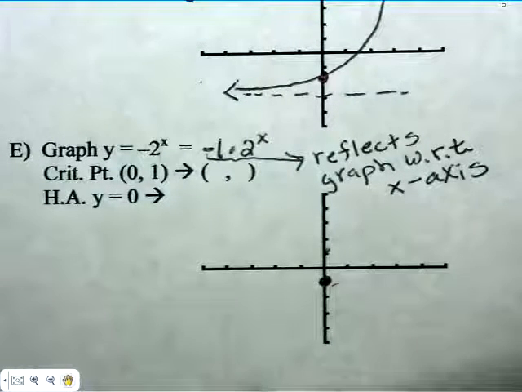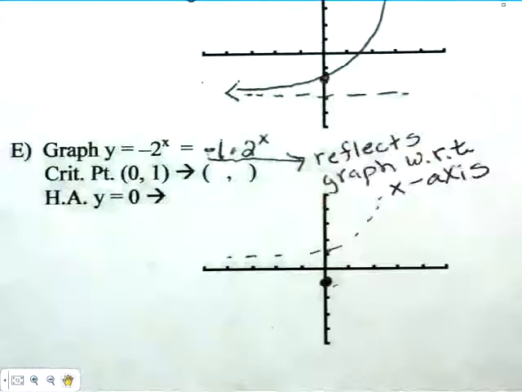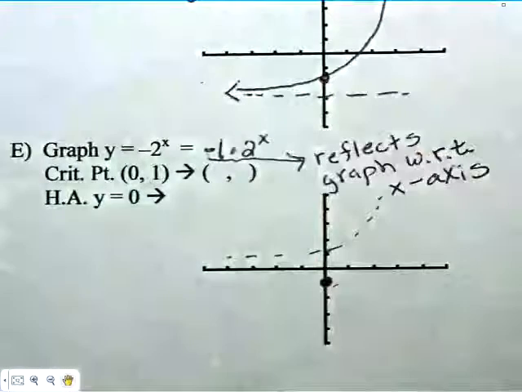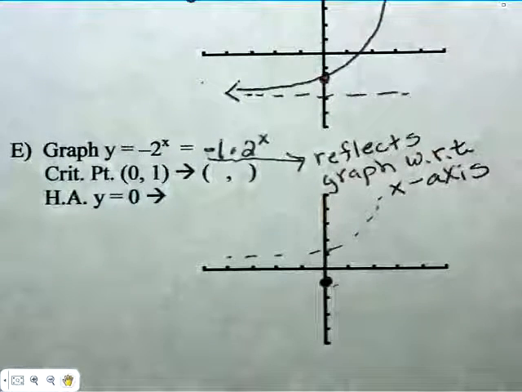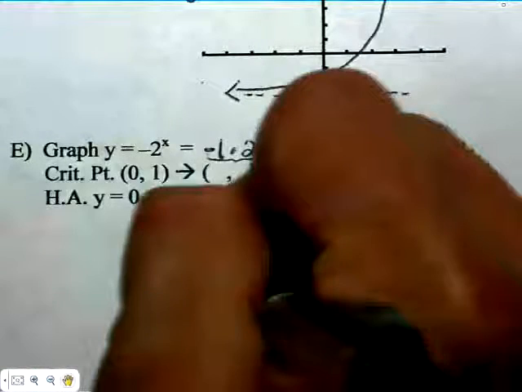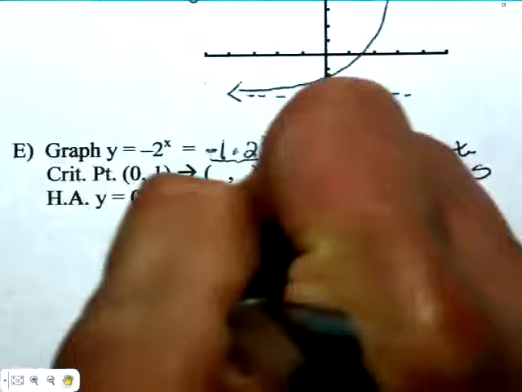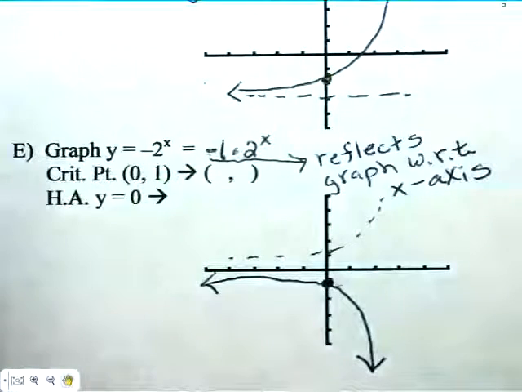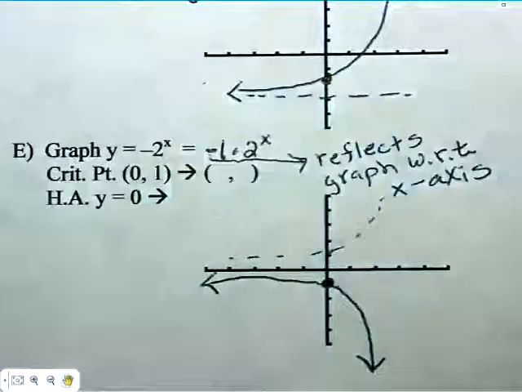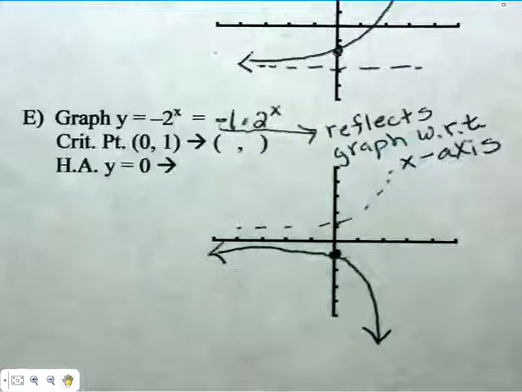So if you can imagine our original graph, I dotted it in very lightly right there. If you can imagine that graph flipped over the x-axis, that's the graph of y equals negative 2 to the x. And it doesn't look that wobbly when I'm not zoomed in that much.